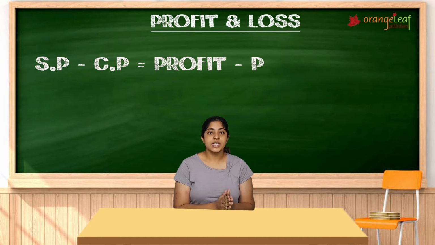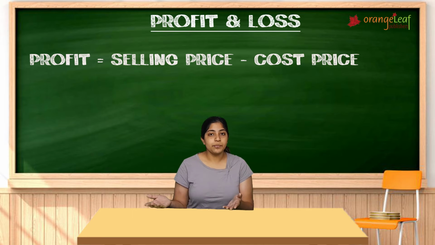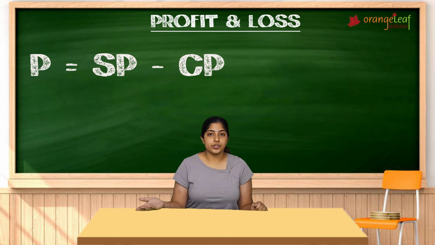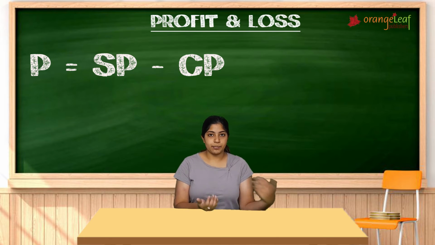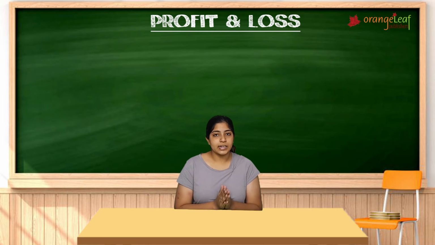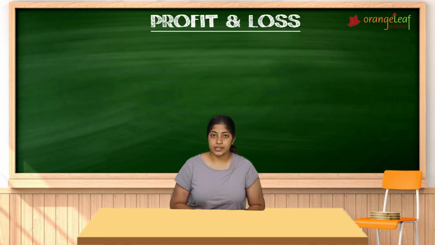Now, this profit is denoted by the letter P. Therefore, profit is equal to selling price minus cost price, which can also be written as P is equal to SP minus CP.